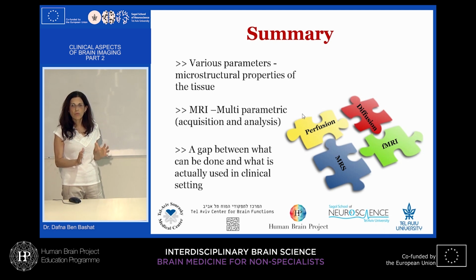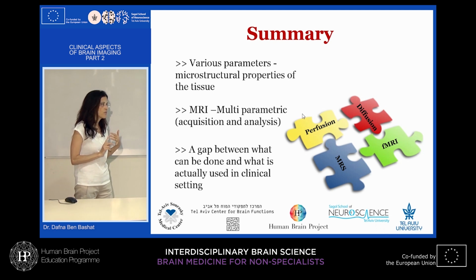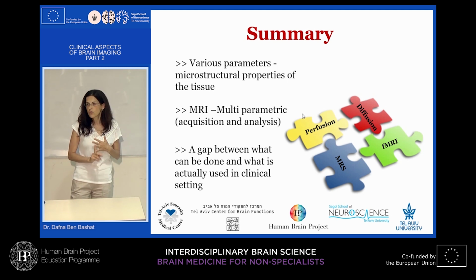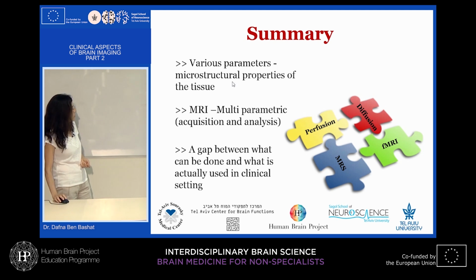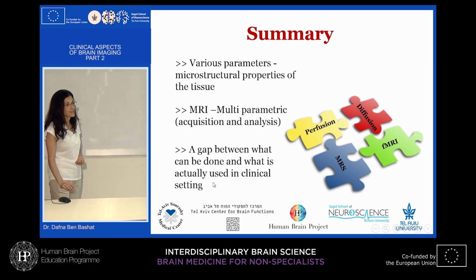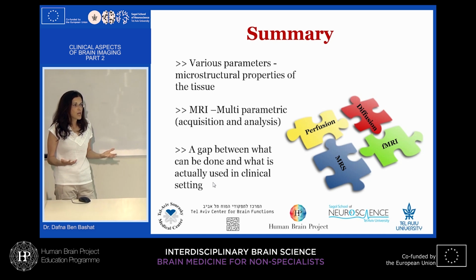In clinical research, we always need two things. We need to translate to the individual subject, and we need validation in other studies. There is a huge gap between what can be done and what is actually used in clinical settings, and I'm really not happy to say this, but we can do a lot and very little is done. Mainly money, manpower, time.